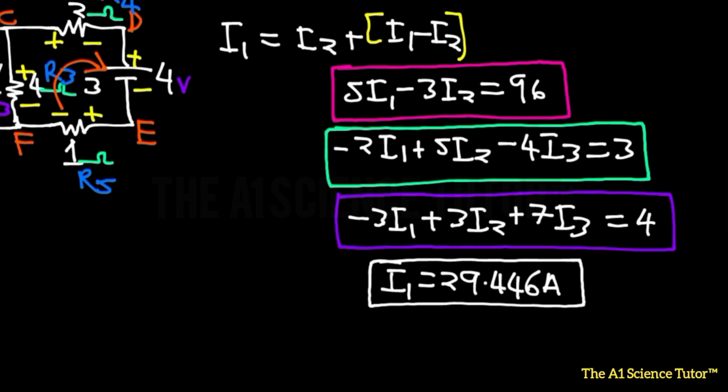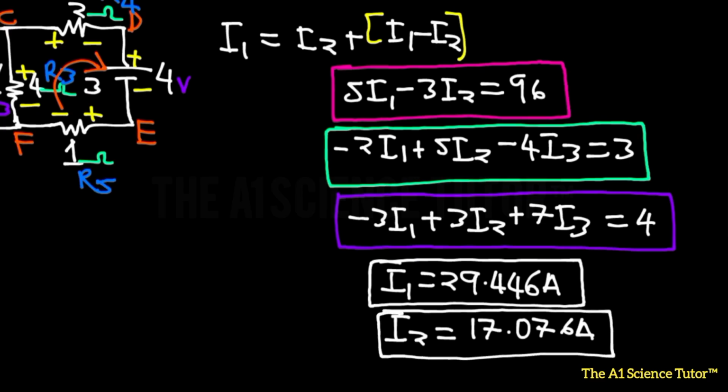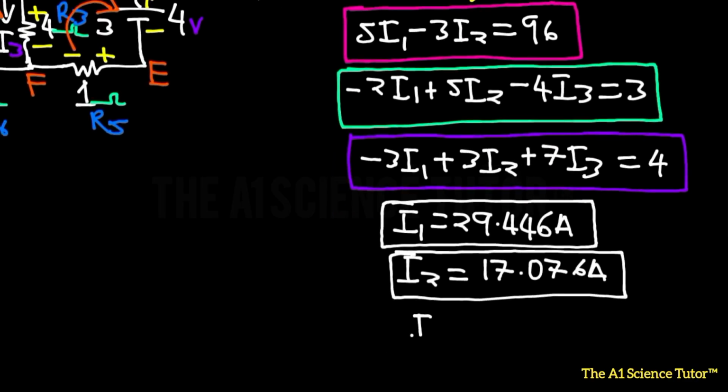Next one, that is I2. That is 17.076 amps. And the last one, that is I3. That will be equal to 5.873 amps.